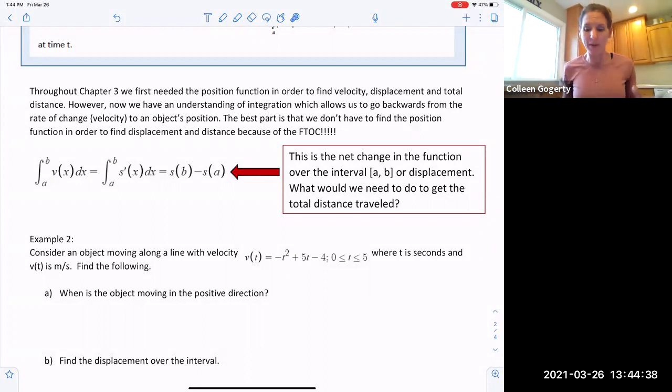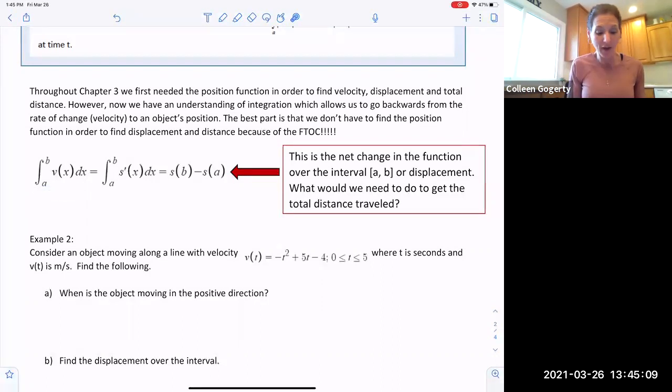The best part now is that because we have an understanding of integration, we are able to work backwards. We can have a velocity equation and find the total distance something has traveled, or the displacement, without even needing to find the original position function, all because of the fundamental theorem of calculus. Think about what this means, and we had it up above.